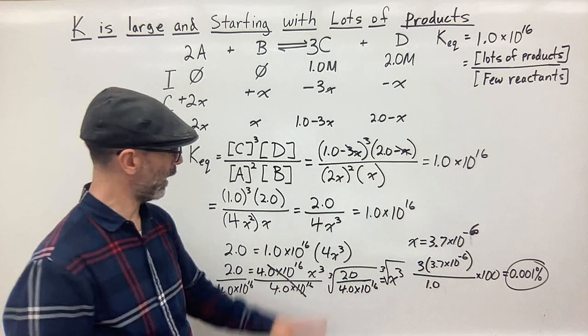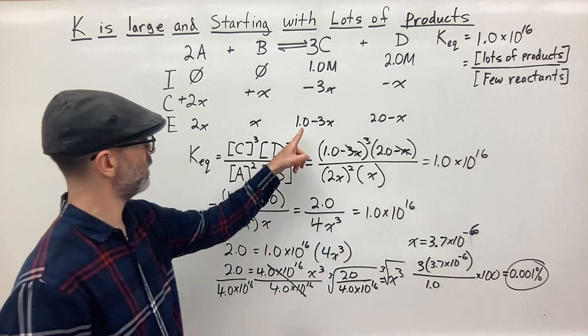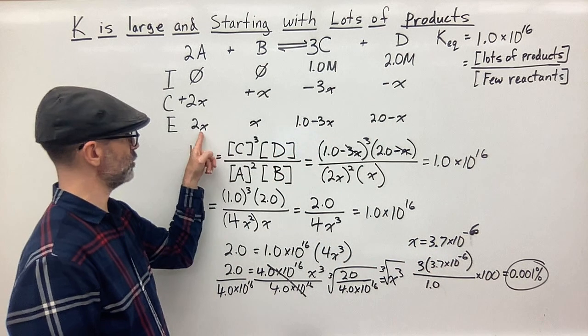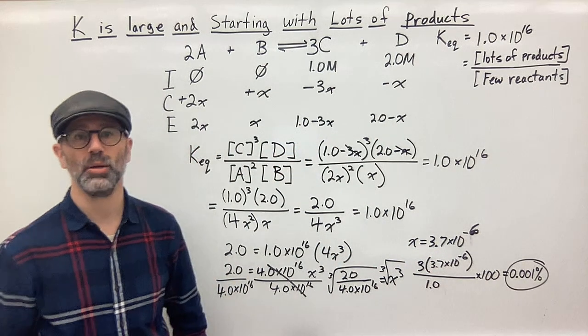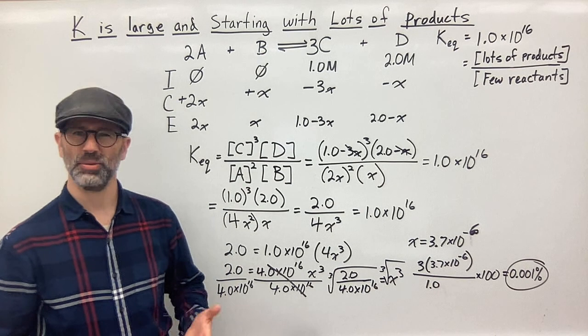And so we can go ahead and use our x value. Now we can plug that back into our expressions here, and we can get the equilibrium concentrations of A, B, C, and D. So I hope this is helpful.